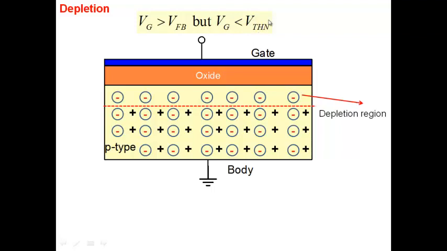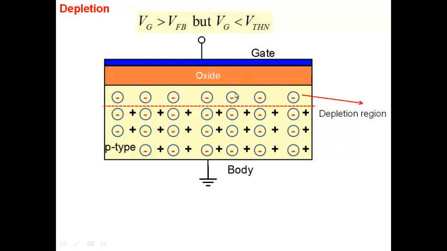What was the meaning of threshold voltage? It's the point where I have a sufficient number of electrons at the surface. If it is less than threshold voltage, I have electrons, but not enough. And neither do I have a large number of holes nor a large number of electrons, and therefore we call this region a depletion region.